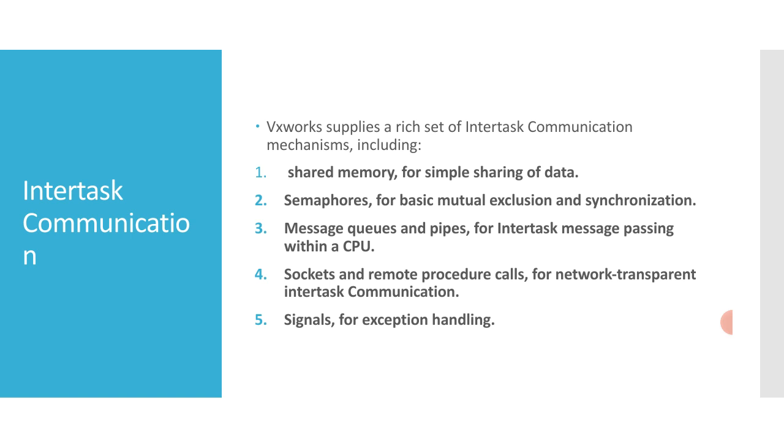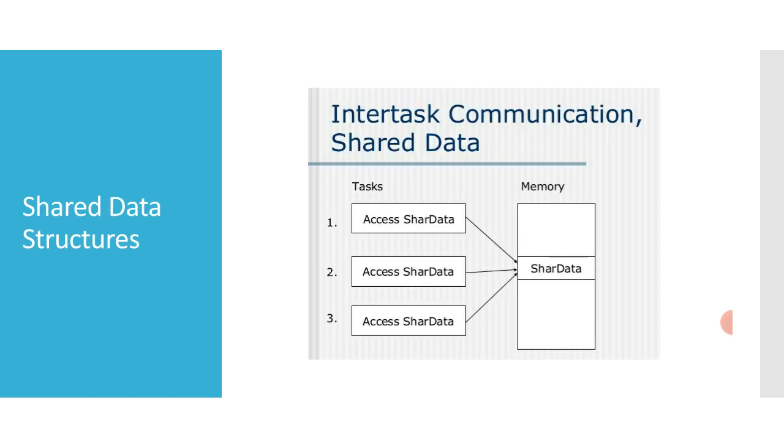First, let's get into shared data structures. The most obvious way for tasks to communicate is by accessing shared data structures, because all tasks in VxWorks exist in a single linear address space. Sharing data structures between tasks is trivial, as you can see in this figure.